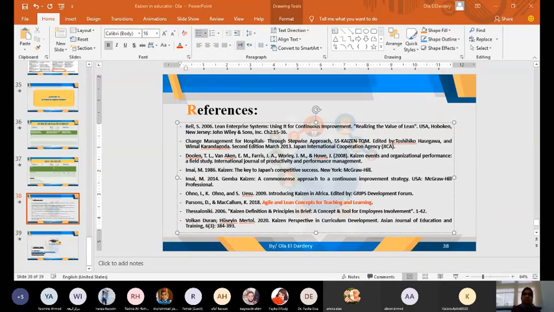Lean is mainly about flexibility, reaching our goal in a flexible way and eliminating waste. All of them are used together: Lean, Six Sigma, total quality management, just in time, Kaizen. Kaizen is an umbrella of lots of other tools, and as I said, it goes along with Lean. They work together. Lean is a top-down approach; Kaizen is a bottom-up approach. They exist together in any organization, in any facility.